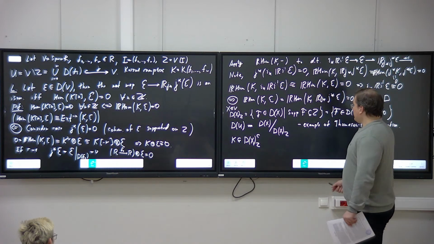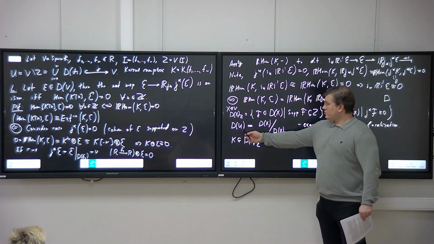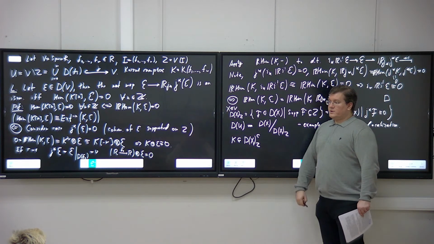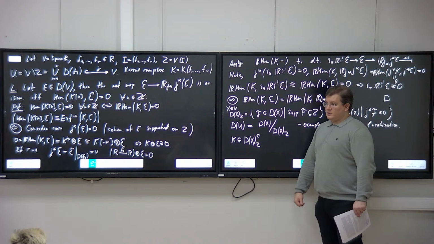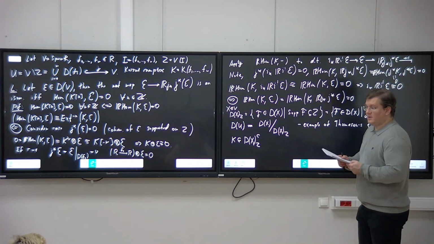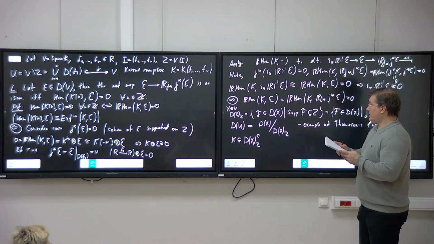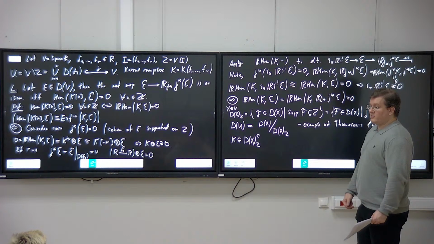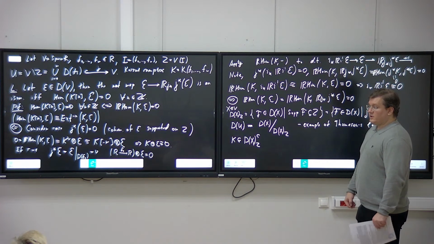You can present the quasi-coherent sheaves on U as the quotient of quasi-coherent sheaves on X modulo quasi-coherent sheaves on X supported on Z. That is for the abelian case. And why is it the same in the derived case? Well, you just take the same functors, you derive the functors, and you check that everything works. Okay. So that's the general property.